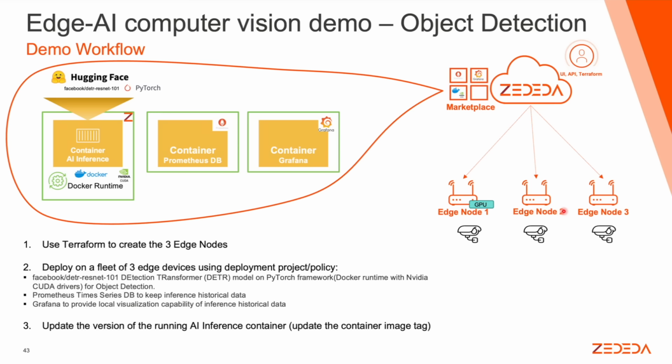We start without any edge node created in our platform, we deploy the edge nodes, and then we trigger the deployment of this application stack on those 3 edge nodes using an automated deployment policy, right? And then at the end, we update the inference container, pushing the new version of that container on the runtime without restarting the runtime, right?